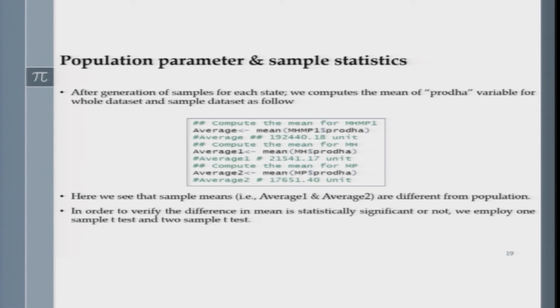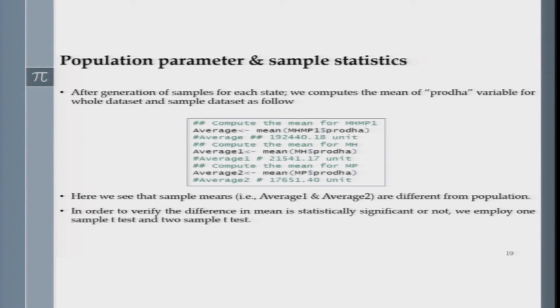So, if I now want to compare the population mean and the sample mean, let me compute the average from the entire data set, and you can see I have obtained it by writing this command.